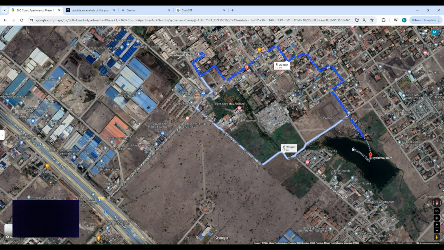And I hope that this now presents the full picture of how the water comes in from the swampy areas around the airport, and how now the water goes out and joins Mbagathi River down towards Athi River area. So I hope this video helps. I hope that it provides for you clarity.